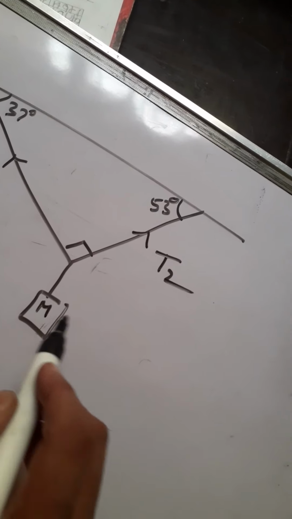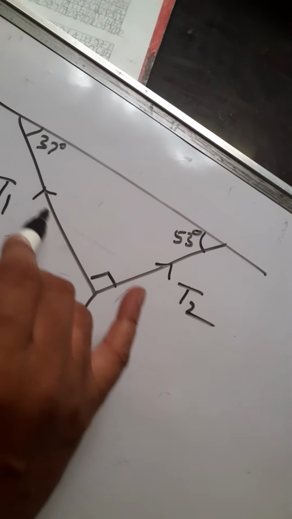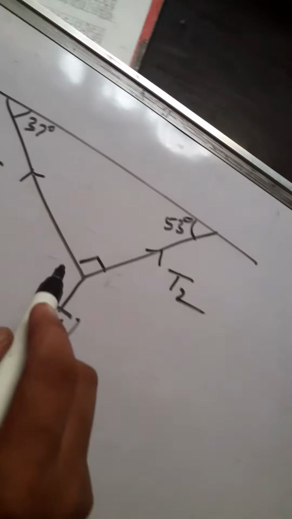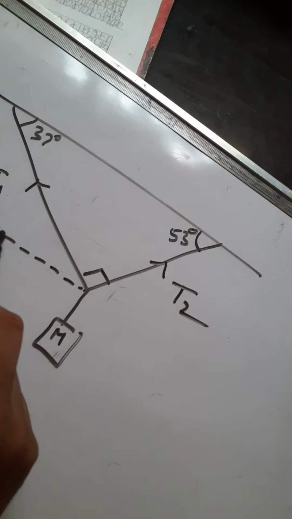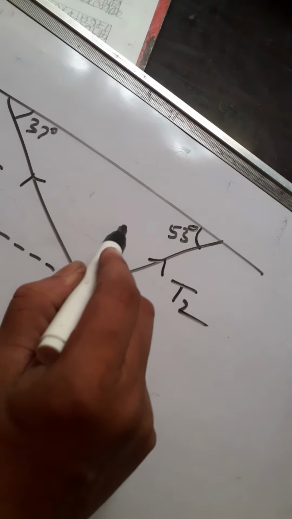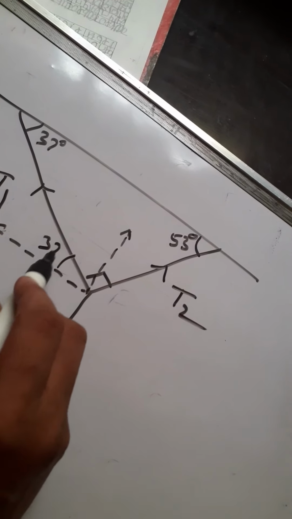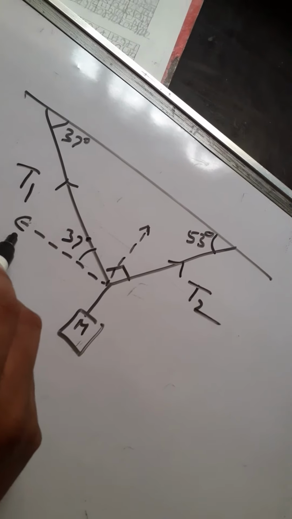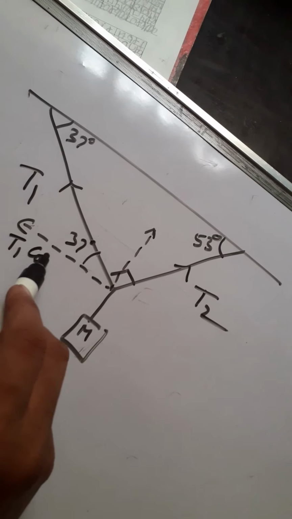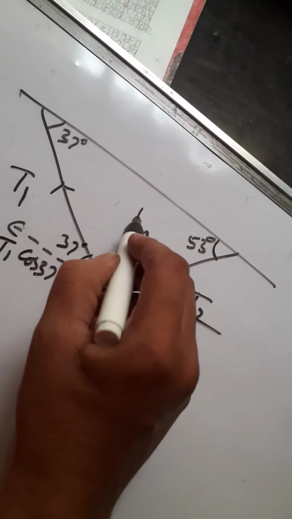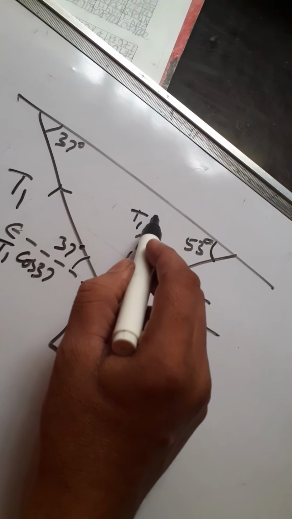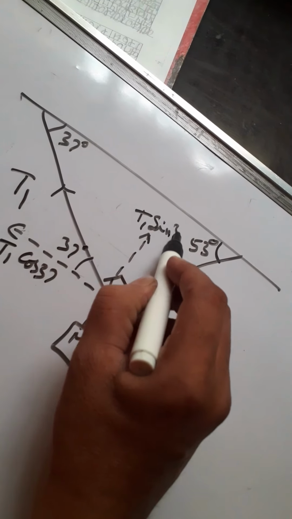It is M. Then tension is a vector quantity. Then it is resolved into two components, along this side, along this side. This angle is 37, this is 37. Therefore, T1 cos 37, T1 sin 37.